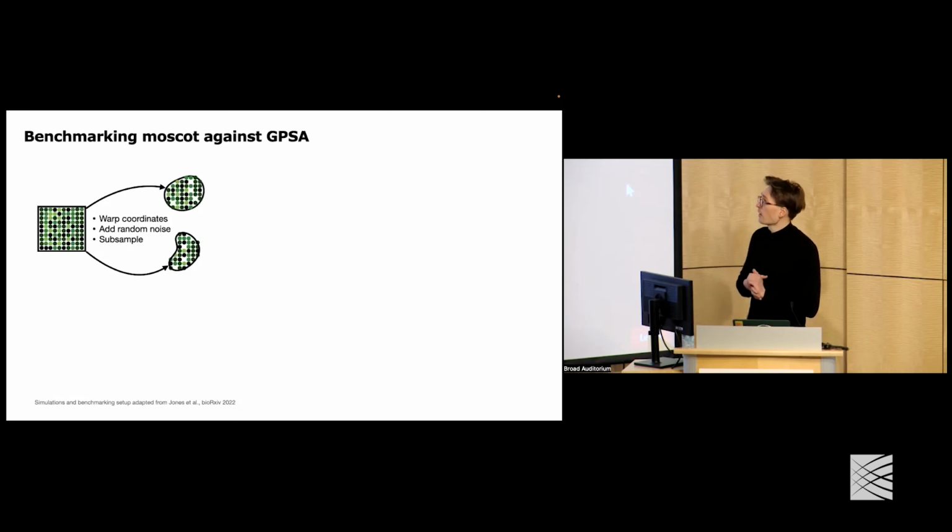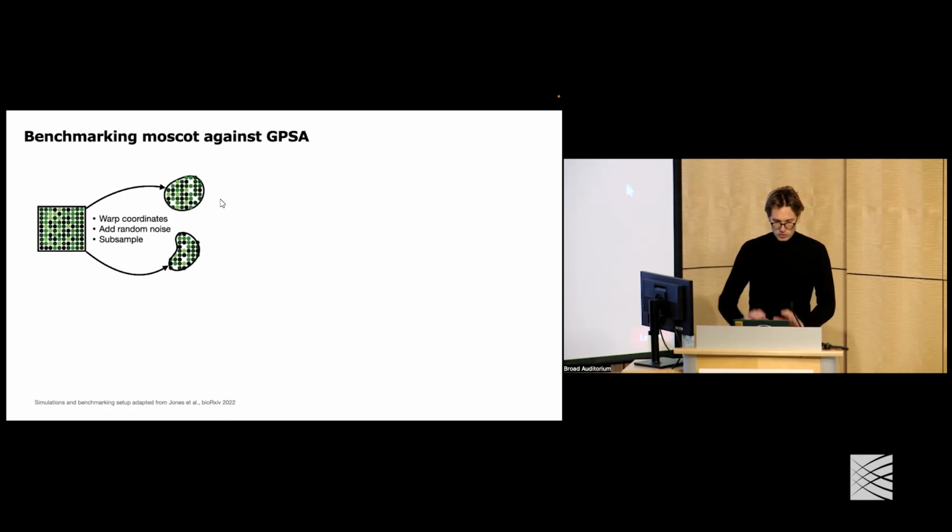Now we have a benchmark for that. We have a comparison with GPSA, which is a deep Gaussian process-based method that solves the same problem. So in this comparison, we adapted their simulation. So we have one reference sample that consists of a certain geometry and random gene expression within it.